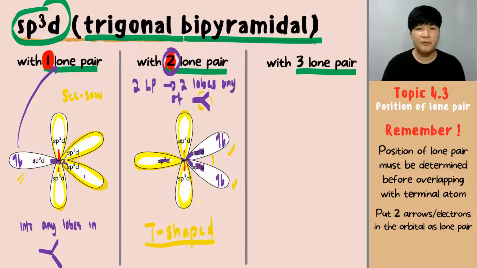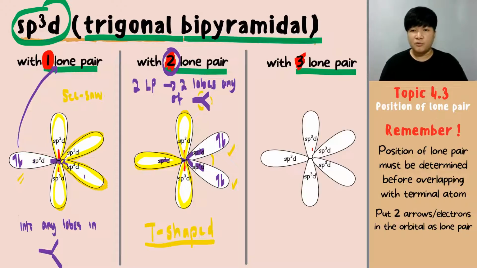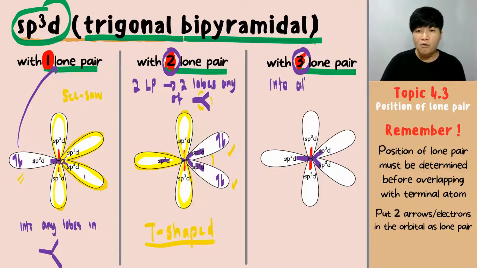Same reason. Next, and last but not least, what happens when I have three lone pairs? The same thing, you have your 180 degrees over here and your triangle over here for your trigonal bipyramidal. Since it's three lone pairs, they will definitely go into all three of the trigonal positions: the first lone pair, the second, and the third.